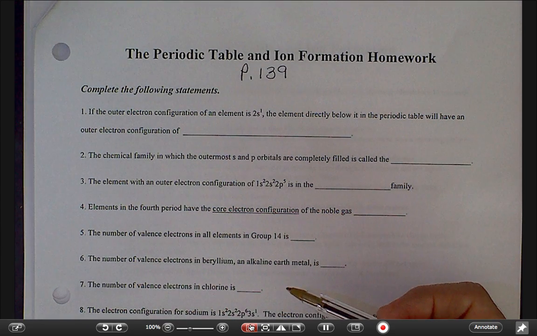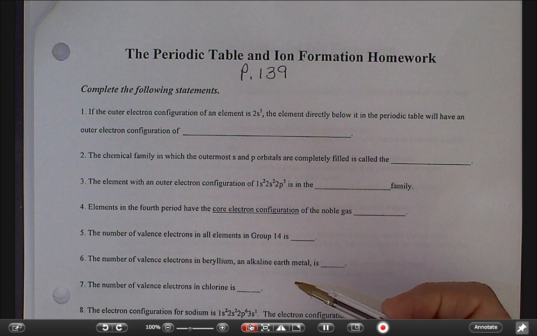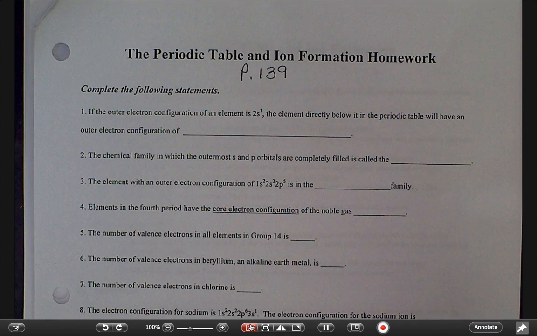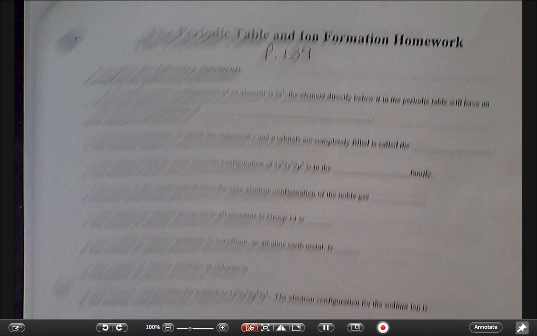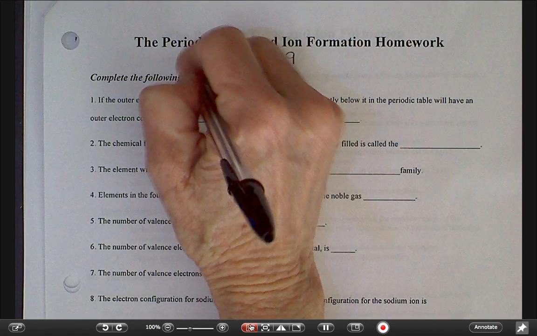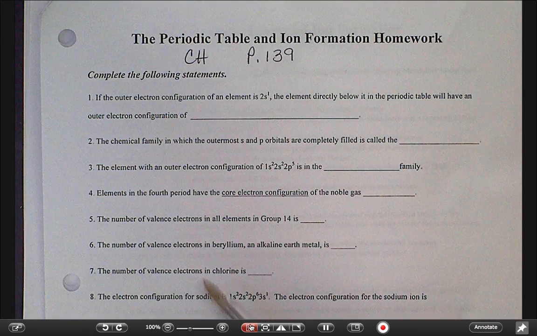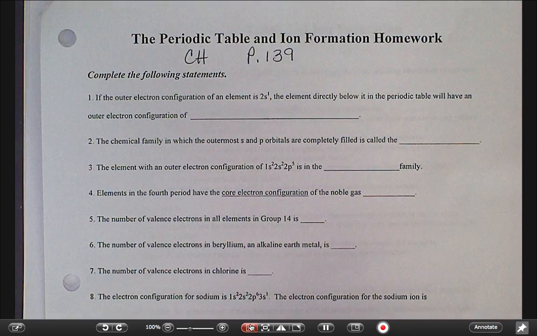Remember, everything that was blue or anything that is below the zigzag line we're going to consider a metal, except for hydrogen, and anything above the zigzag line is going to be a nonmetal. So you will use the periodic table out of the book, chapter 5, page 139, to answer these questions. It's going to ask you a lot of things about the periodic table.